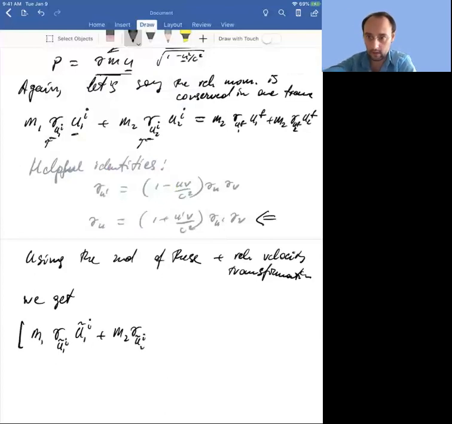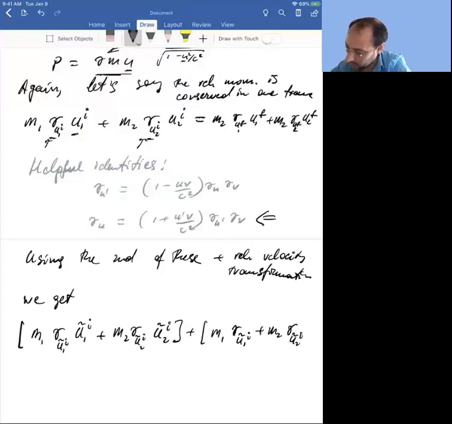Again, there's a U mentioned inside gamma, so I have to specify what that U is. Plus there's something else here: M1 gamma U1 tilde initial plus M2 gamma U2 tilde initial, times V.